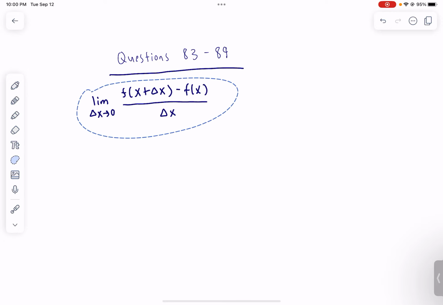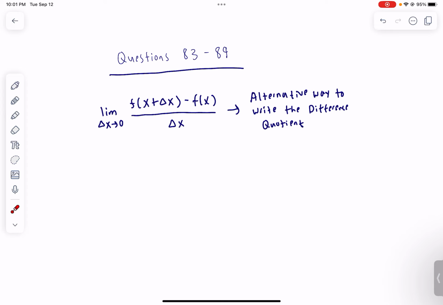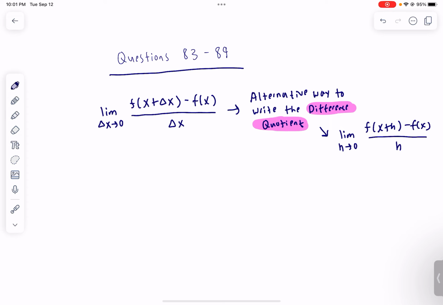So this right here is an alternative way to write the difference quotient, which is what we talked about in class. Okay. And remember in class, we looked at the difference quotient as limit as h approaches 0 of f of x plus h minus f of x all over h.